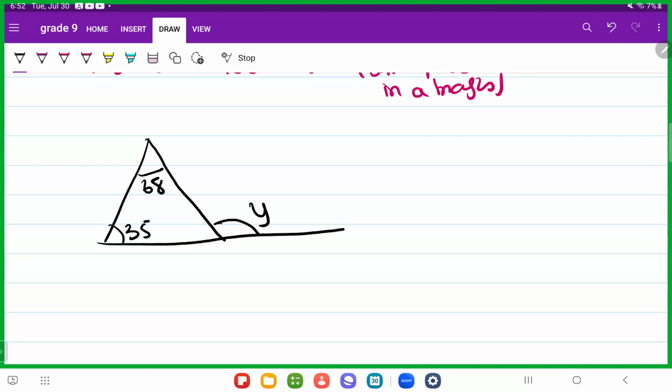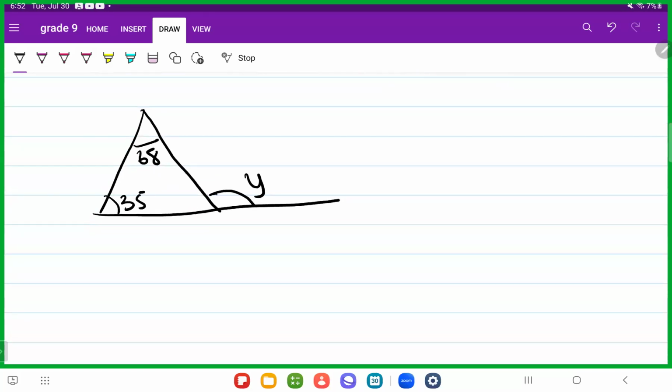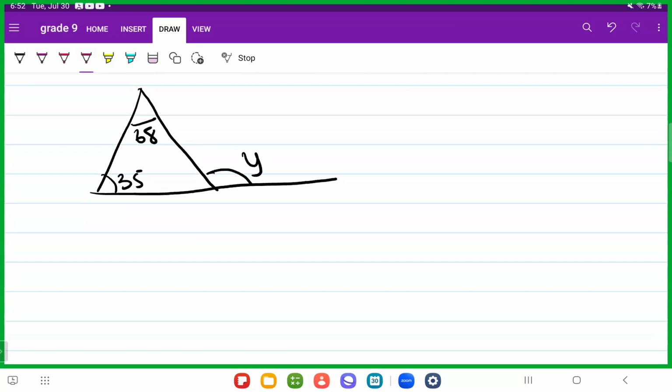Now, what you did, you found out 77, right? Yes, because I did the triangle. But there is no working of the 77, so the examiner will just put a question mark and mark it incorrect. Where did you get the 77 from? I wrote it under it. I did 68 plus 35 is 103, and then 180 minus 103 is 77.